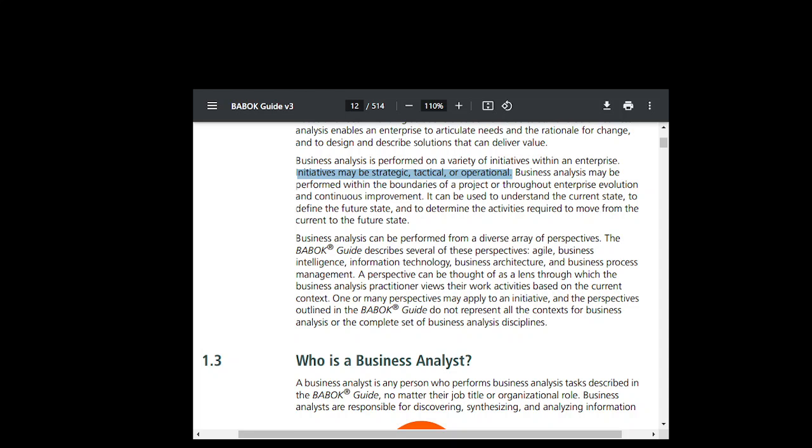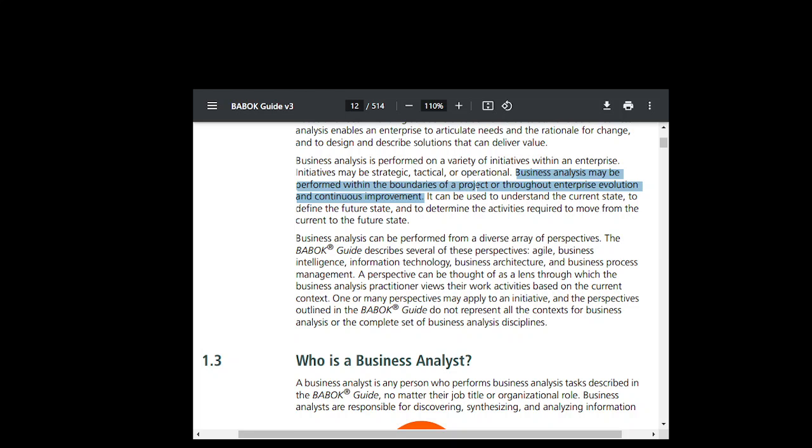Business analysis may be performed within the boundaries of a project or throughout enterprise evolution and continuous improvement. Remember, we've said this before. It could be within the boundary of a project, that is, a project has a beginning and end date, right?